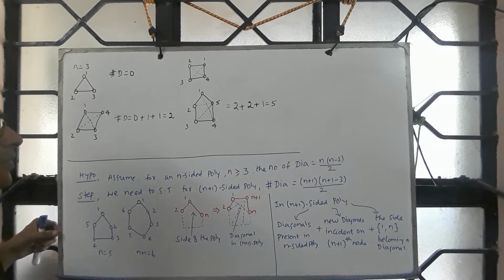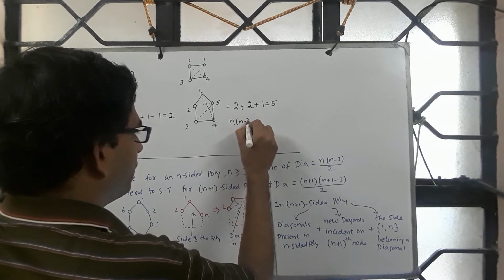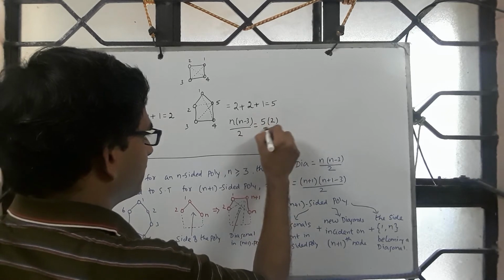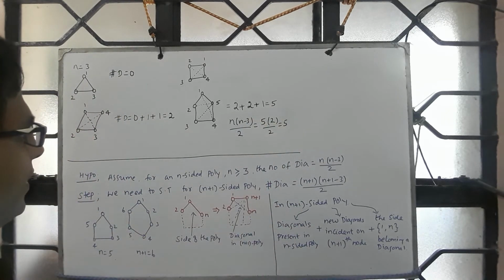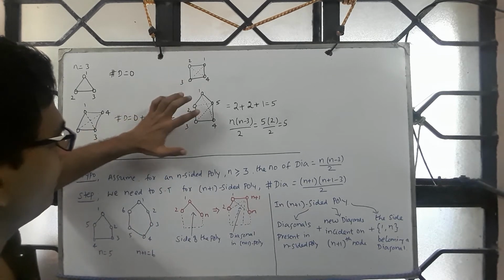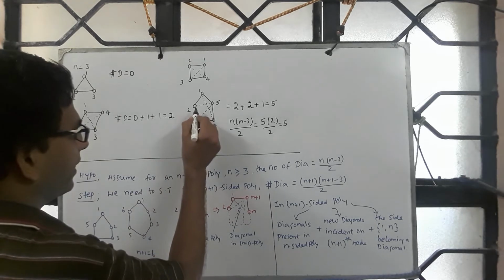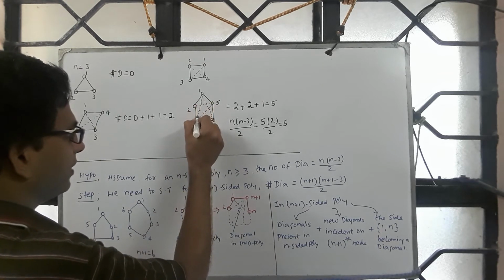So you get 5. Okay. And verify the formula. n into n minus 3 by 2, which is 5 into 5 minus 3 by 2, which is 5. So when we move from 4 to 5, the existing diagonals will be there. You will get 2, 4, you will get 1, 3.